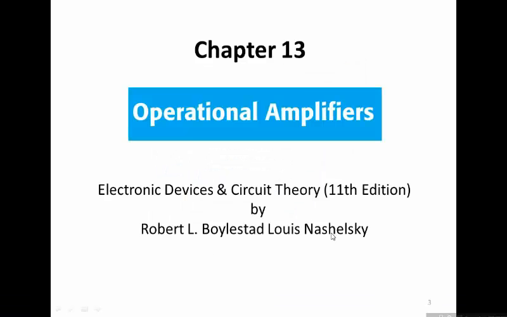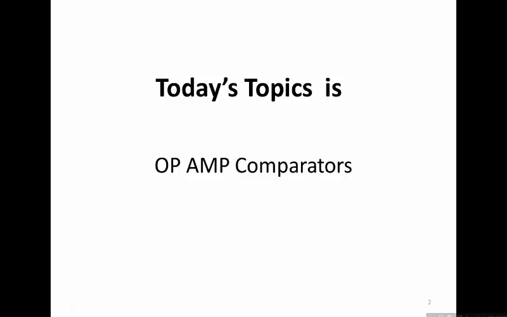The impact of having no feedback or positive feedback would be that the gain of the amplifier would be very large, and is called the open loop gain of the amplifier. So if the op-amp does not have any feedback, that is, it is operated in open loop, then the gain would be very high, and the effect of the large gain would be that the op-amp would always be in saturation.